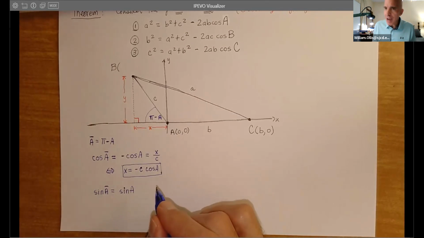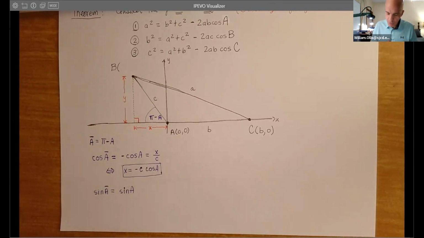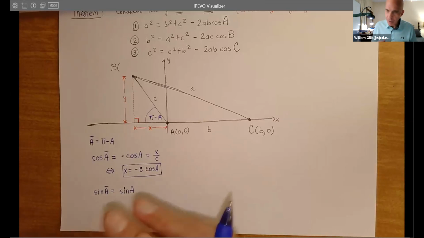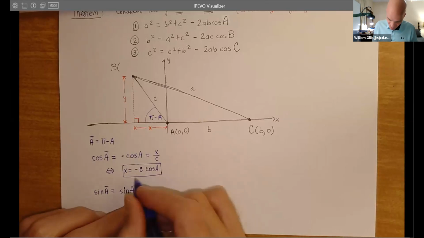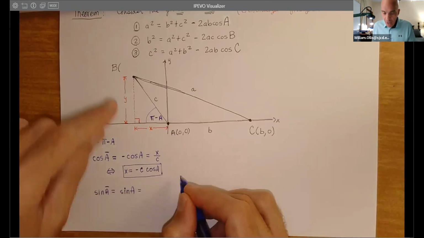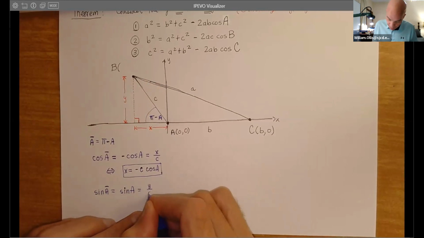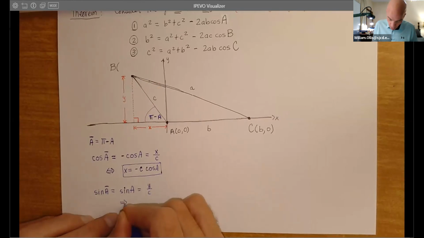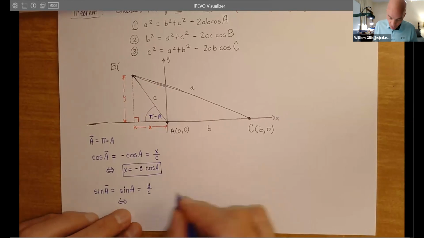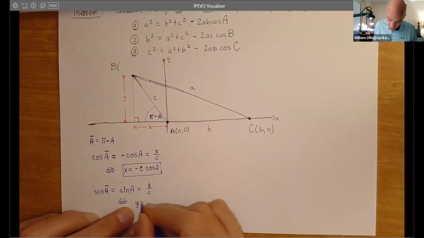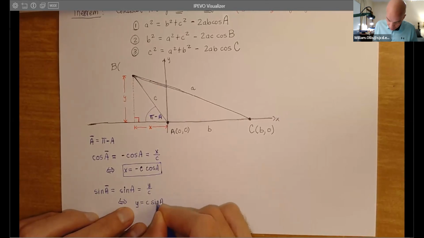Odd in the sense that algebraically odd, but it is odd in the sense of how you solve equations. We've already seen the arithmetic that results from that, especially based on how we define the inverse sine function. So this will be opposite over hypotenuse. So this is y over c. So then, of course, we can solve for y by cross multiplying. So y equals c times sine A.